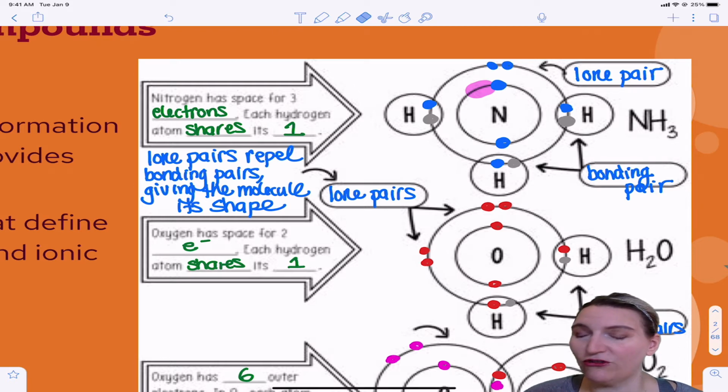Hydrogen has 1 valence electron, represented here in gray, and each of these bonds is composed of the sharing of 2 electrons. Hydrogen shares its 1 valence electron, nitrogen shares 1 of its valence electrons, so that each atom gains another electron through sharing.